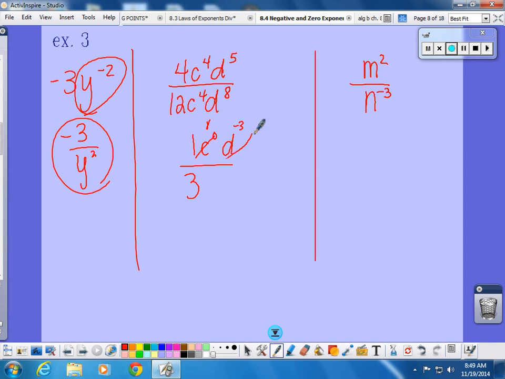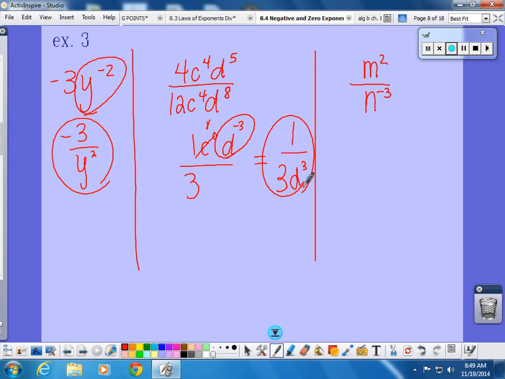Using my negative exponent rule, I have to do the reciprocal of this. What's left in the numerator? 1. My 3 is already in the denominator. My d to the 3rd has to go there. We use several rules on that problem. Does anybody have a question?